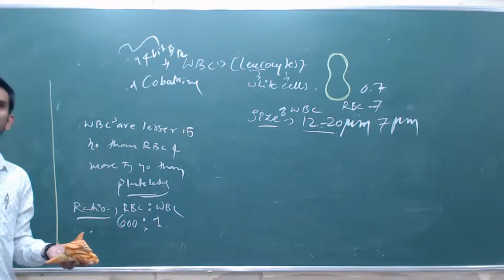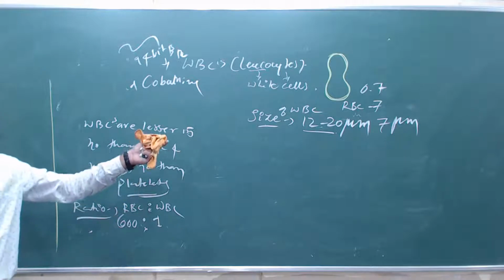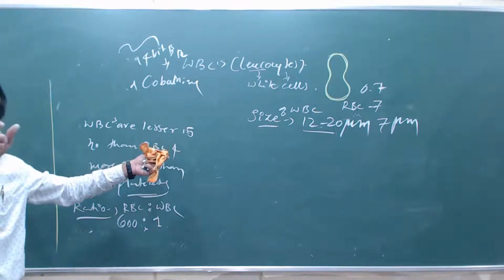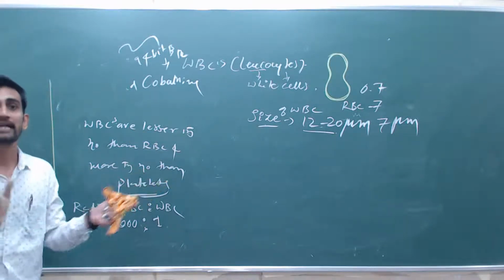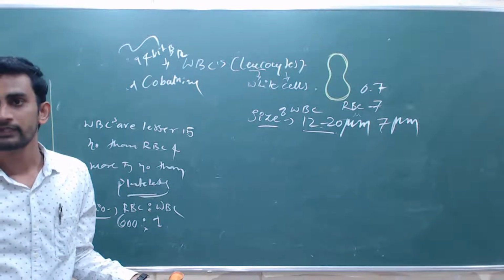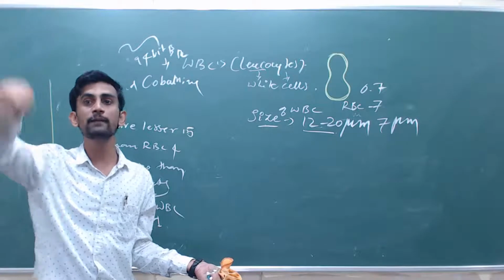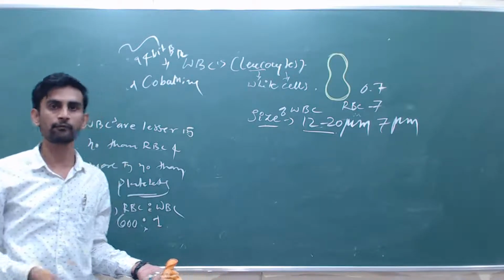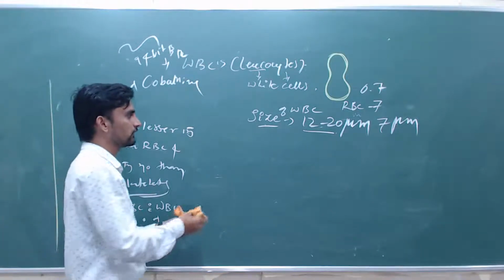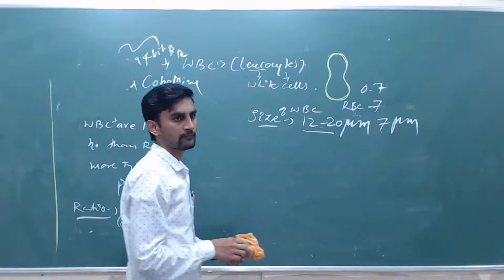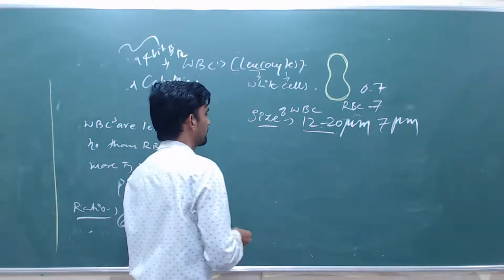Normally 7 to 8 you will find, but WBC is larger compared to RBC. Size larger, not in number. In number only 6,000 to 8,000, whereas RBCs are 4.5 to 5.5 million per cubic mm of blood. Is it or not? So this is the size.